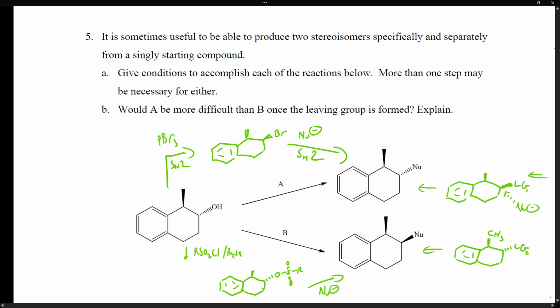So the fact that this is a little harder to do doesn't mean it's impossible by any means, but it does mean it's probably going to take more work because there's a little bit of a harder pathway to get that leaving group displaced by an SN2 in the lower example that leads to B. It is a little bit more difficult because of size. That methyl group is pointing in the direction of where the nucleophile has to come in. So it's going to be an annoyance. Probably not much more than an annoyance, but still, it's harder than the other case.